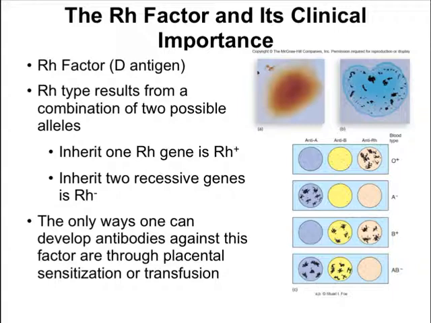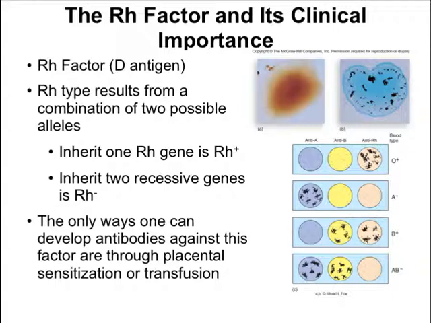And the Rh blood type is unlike the ABO blood typing in that in order to develop antibodies against this antigen, you have to have sensitization to it, which occurs either through the placenta or through blood transfusions. The first exposure isn't such a big deal.